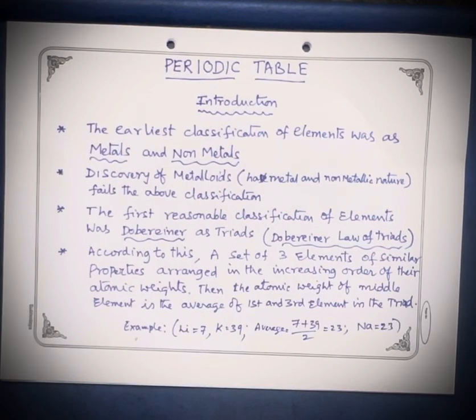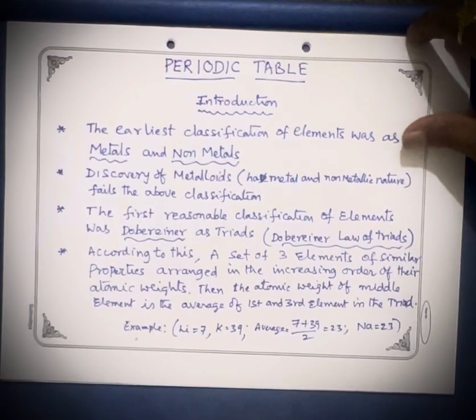So lithium, sodium, and potassium have similar properties when kept in increasing order of their atomic weights. What principle do they follow? If you take the average of the atomic weights of the first and third elements, it is equal to the atomic weight of the middle element, sodium.